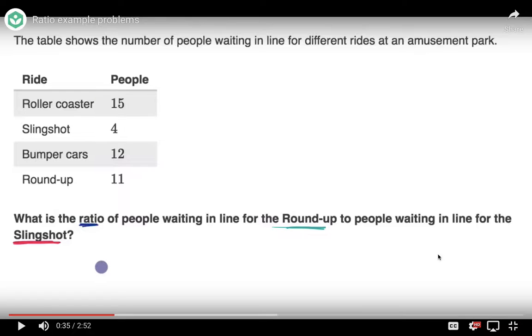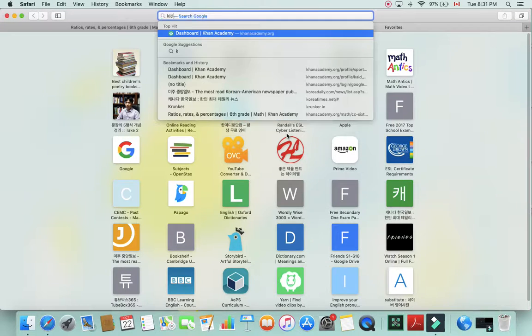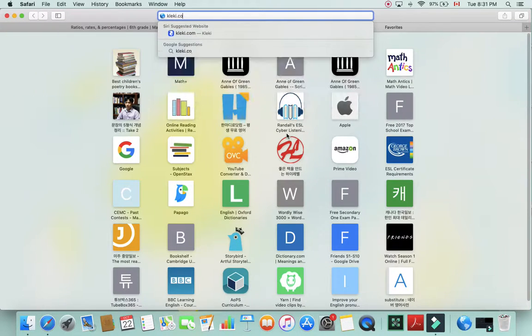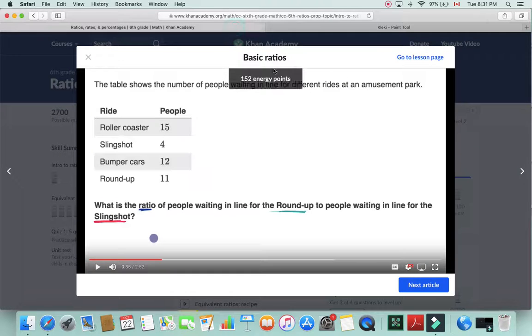Okay, so right now it asked us to find what is the ratio of the people waiting in line for the Roundup to the people waiting in line for the Slingshot. Let's just write down what everyone has.